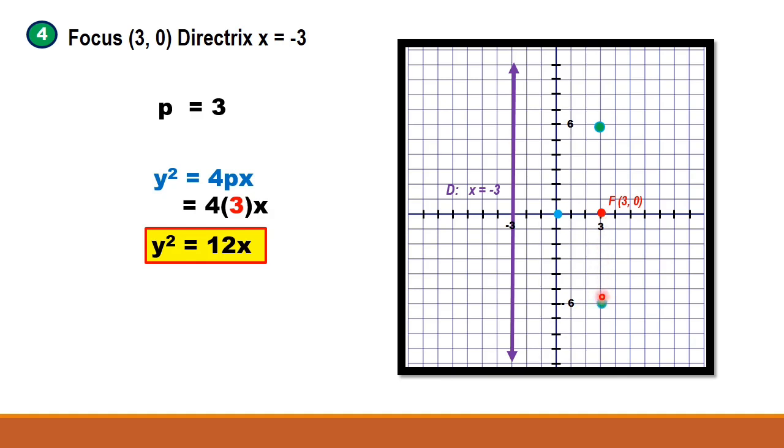So this is the other end point, and this is the focal width of this parabola. The coordinates are positive 3, 6 and positive 3, negative 6. And draw the parabola.